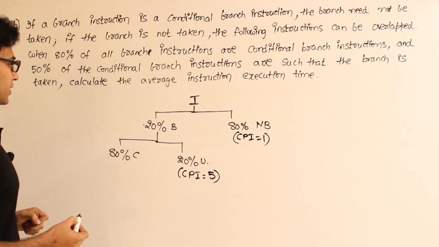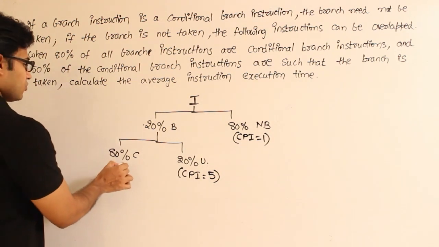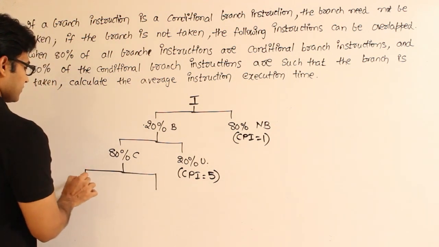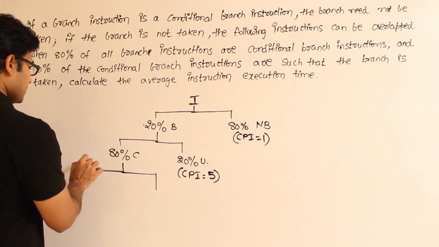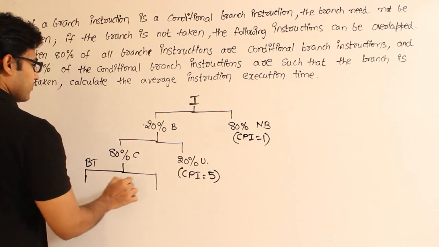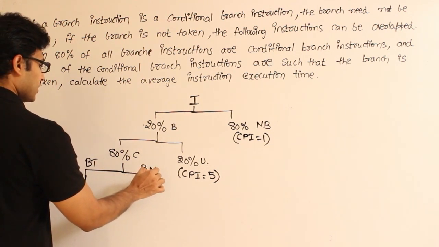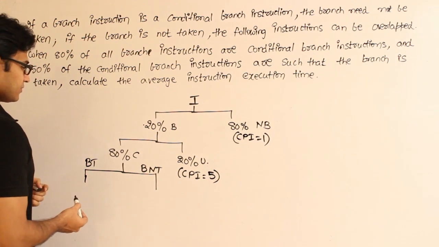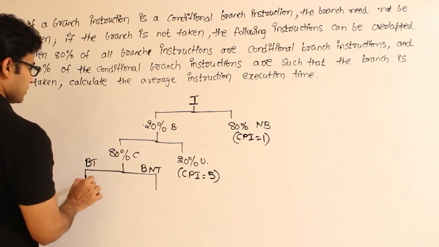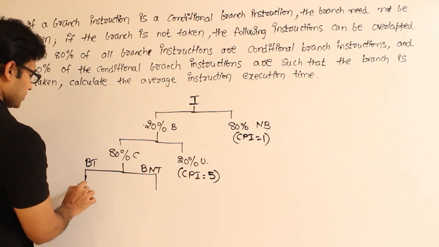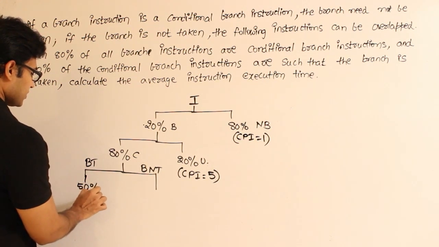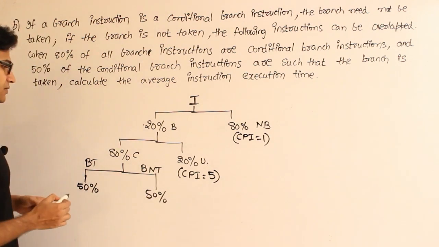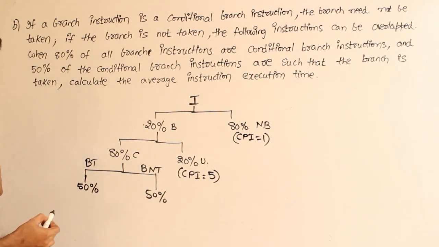But then coming to conditional branches, there are two types. One is branch taken and the other is branch not taken, right? For some instructions the branch is taken and for some other instructions the branch is not taken, right? They are saying that for 50% of the conditional branch instructions the branch is taken and for 50% the branch is not taken.